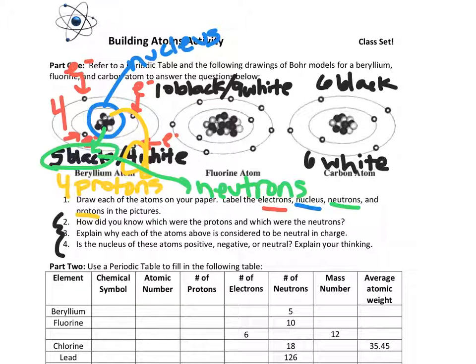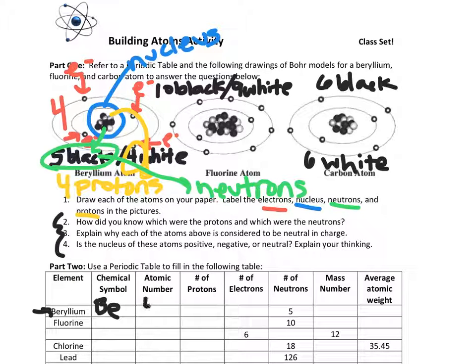We're going to do the first one on the table here, our element beryllium. If you take a look at beryllium on the periodic table, he's near the top left, and you're going to see the chemical symbol. The symbol is the 1 or 2 letter symbol there. So for beryllium, it's capital B, little e. So beryllium is Be. Now the number just above the symbol is what we call the atomic number.